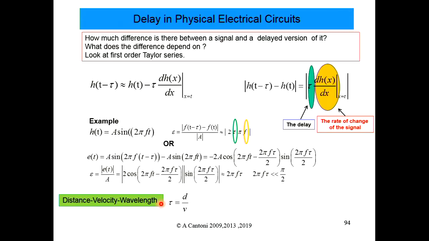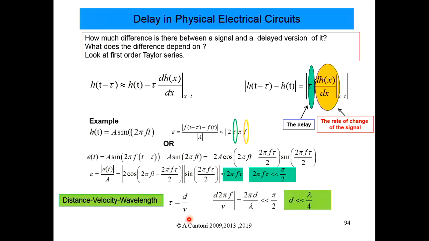And we can relate that to a distance and wavelength. We know that the delay is simply the distance divided by the velocity that the signals are travelling at, so it's going to be around about the speed of light. If we substitute tau into this, we get d 2 pi f divided by the velocity has to be much less than pi on 2, and we know that the velocity on frequency is the wavelength.